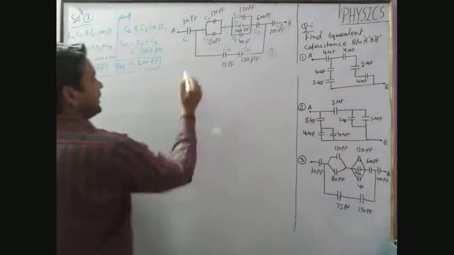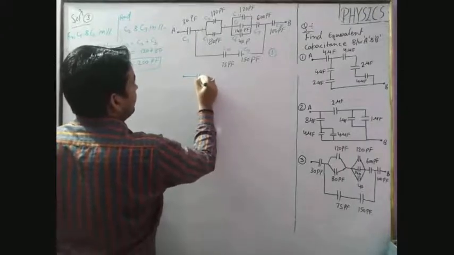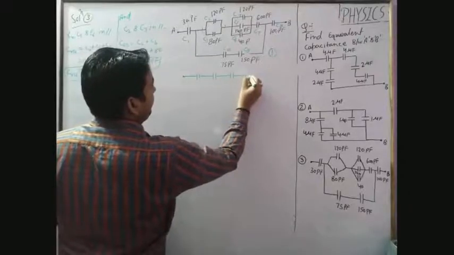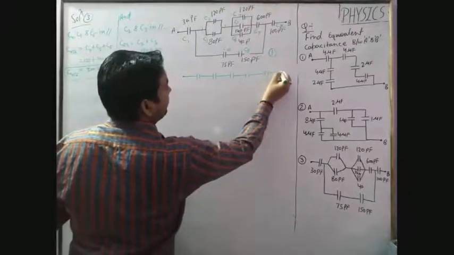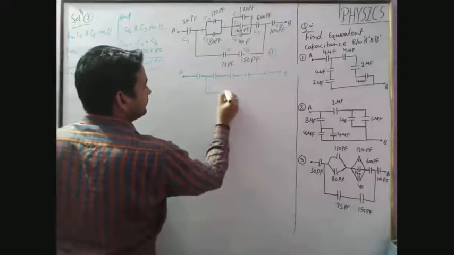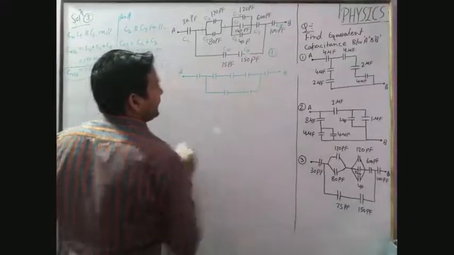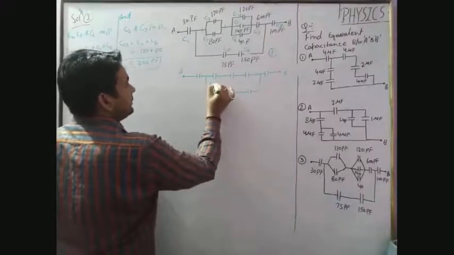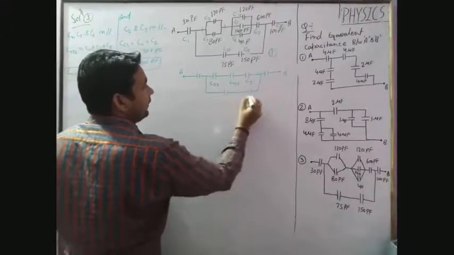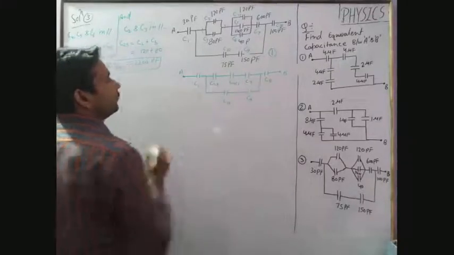Now we reduce this circuit as A to B, in which we have C23, this is C4, 5, 6 and this is C7, here is C9 and C10, this is C8 and this is C1.